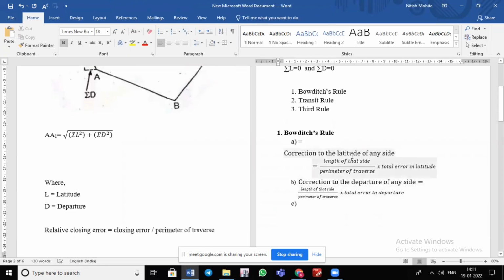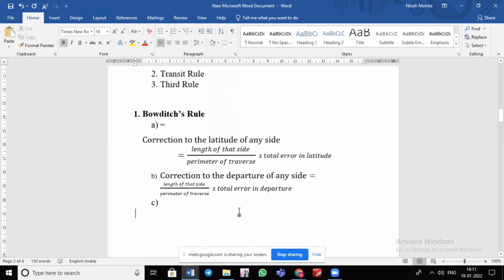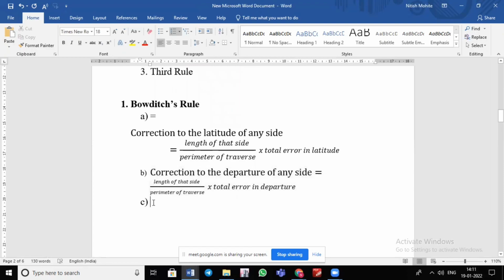Correction to the latitude of any side is equal to length of that side divided by perimeter of traverse into total error in latitude, whereas correction to the departure of any side is equal to length of that side divided by perimeter of traverse into total error in departure. So this is the formula for the Bowditch rule.